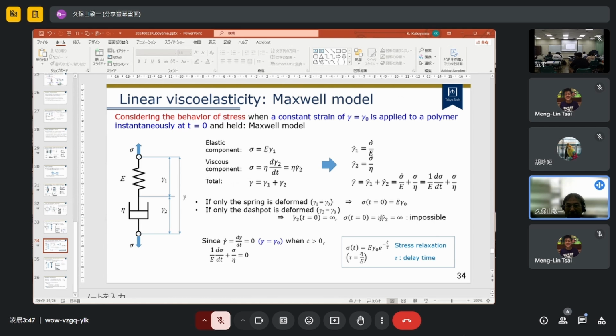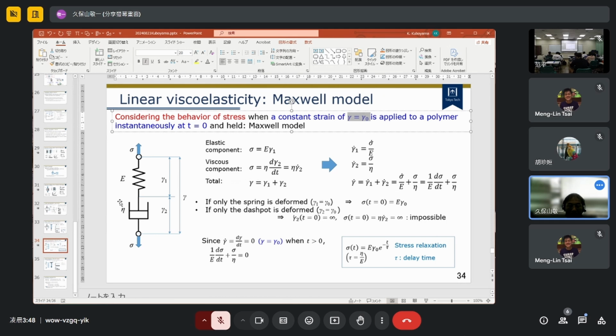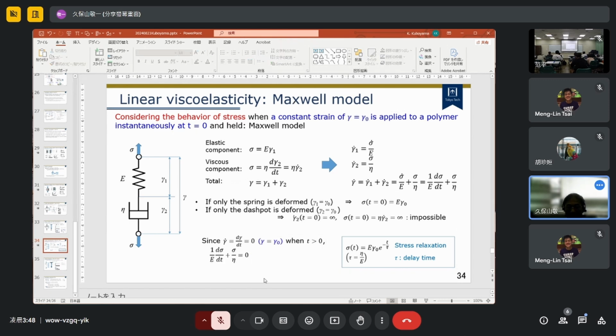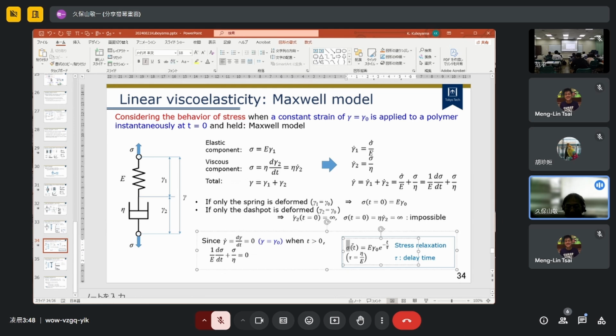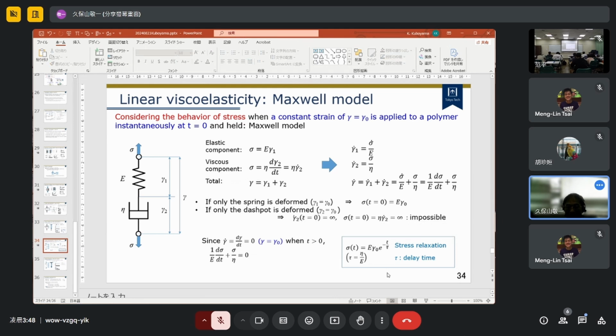But that situation is impossible. So this means when you apply the constant strain at time equals 0, the dashpot doesn't change, and only the spring part changes its shape. From this initial condition, you can get this equation, and finally you get this equation.